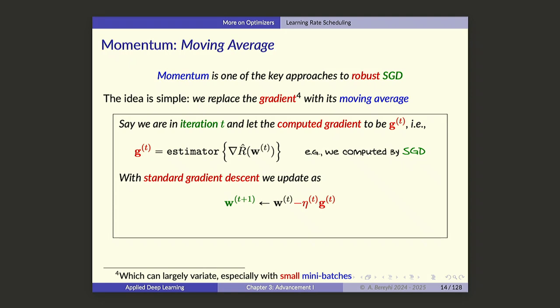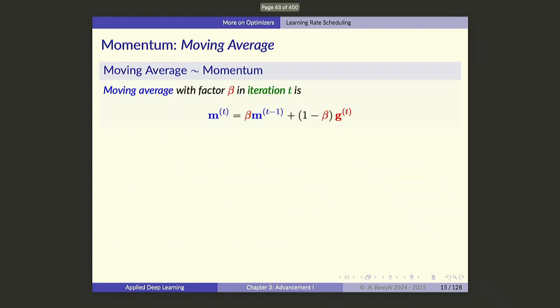Now, the thing that you do here instead is to replace that gradient vector with its moving average. You start with the first gradient. Every time you see a new gradient, you compute the moving average using some factor beta. And this beta value is usually something very close to 1.